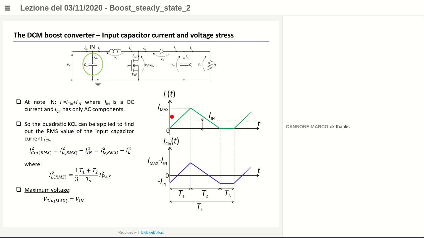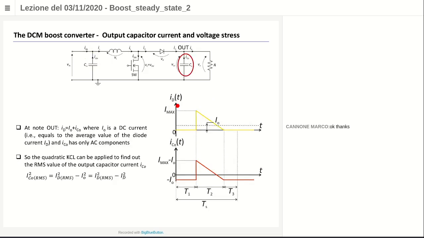So I can compute the current flowing into the capacitor, the root mean square current, simply by using the quadratic Kirchhoff current law. At this node you have ID minus I0, which gives us IC0. So the IC0 root mean square value is the ID root mean square value square minus the I0 square value.